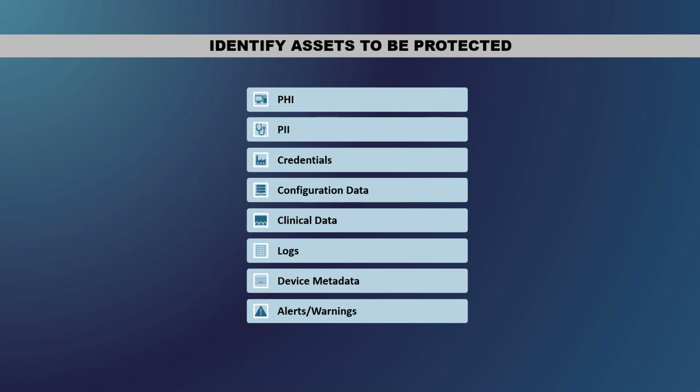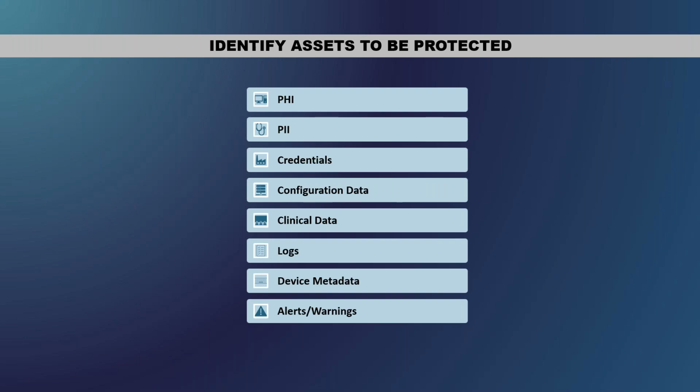Configuration data, so device settings that include network connectivity; and clinical data, so any information that's collected or used in the monitoring or diagnostic of the treatment functions; and then logs that are generally aligned to the system itself, like warning logs and functioning logs.